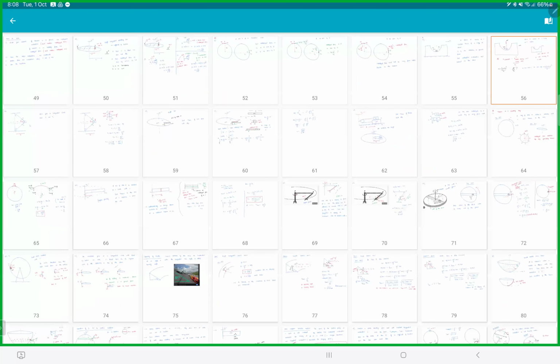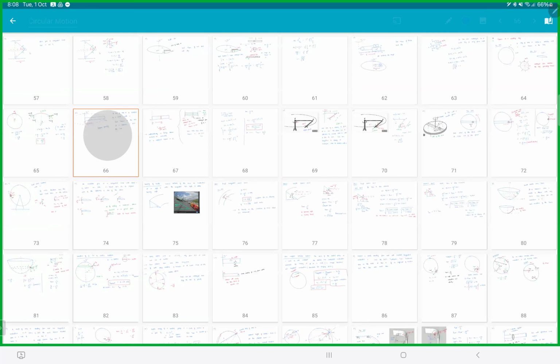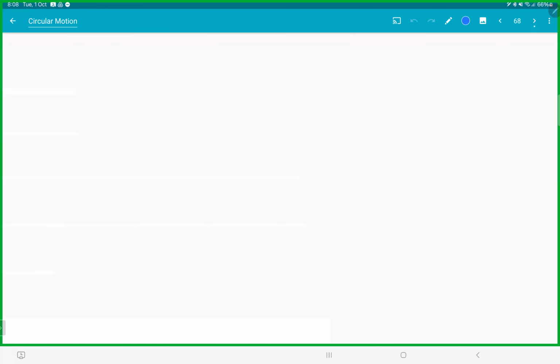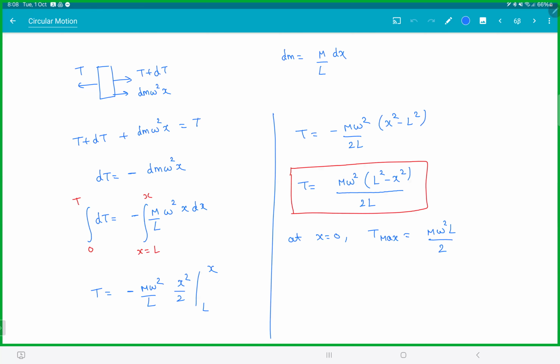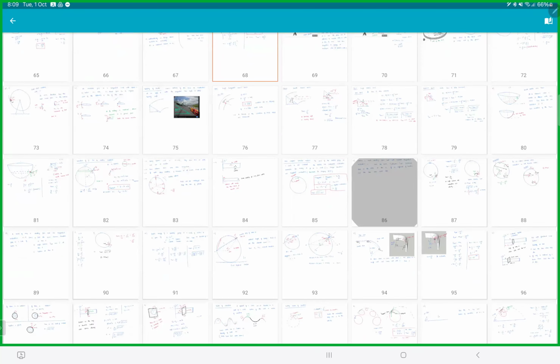And then this ring one is a very important standard question. Comes in 6 chapters. And then this rod one, I think, is the first time we have seen integration based on this. Then banking of roads is fine. It's important, but it's a bit tough.